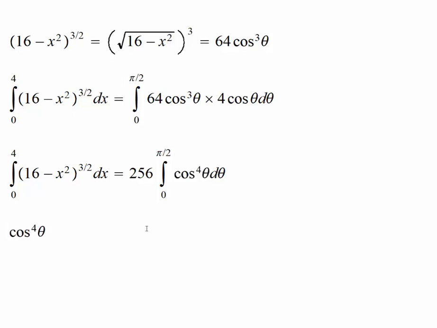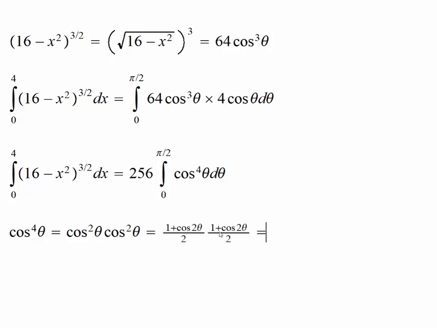But we can remember that we have double angle rules, and by them we can factor it as two squares of cosine theta, and each of them becomes a function in cosine of 2 theta, so it will just change to a linear function. So this becomes cosine 2 theta over 2, and the second factor is the same thing.